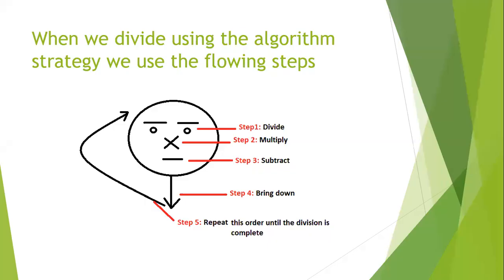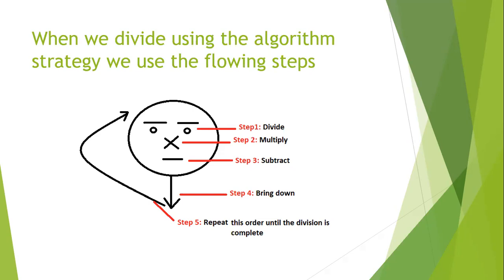When we divide, we use the algorithm strategy. In the algorithm strategy, we use some steps. The first step is divide, then multiply, then subtract, then we bring down the next digit and repeat all these steps.